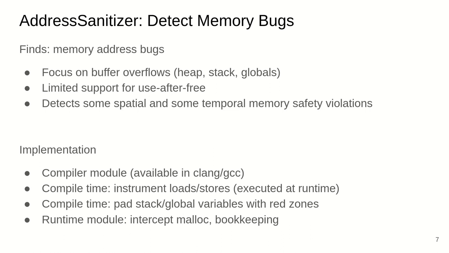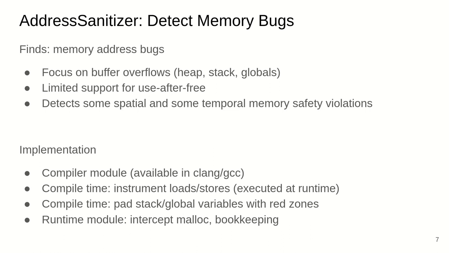So there's going to be some recorded area where previously some buffer was allocated that is then marked for a given time. So the reallocation will be delayed, and hopefully the use after free happens in a time frame where AddressSanitizer can actually detect it. It also detects some spatial and some temporal memory safety violations, and most of them actually.